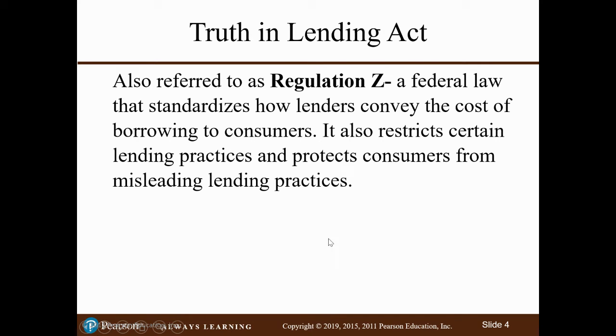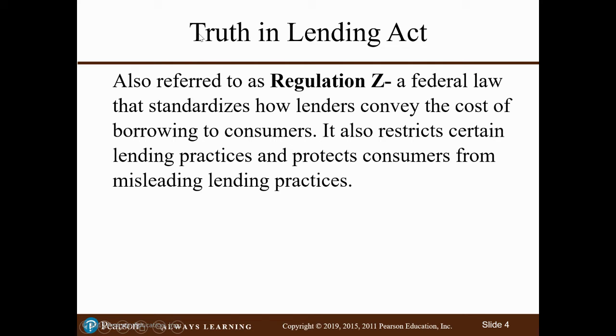And we're going to be looking at the annual percentage rate, like I mentioned earlier, and that is created by what's called Regulation Z in the federal law. Regulation Z is a federal law that standardizes how lenders convey the cost of borrowing to consumers. It also restricts certain lending practices and protects consumers from misleading lending practices.